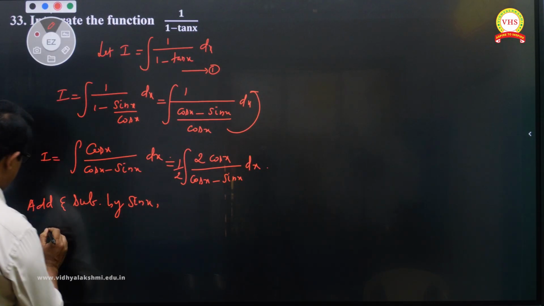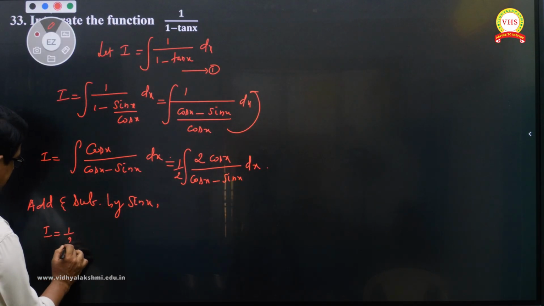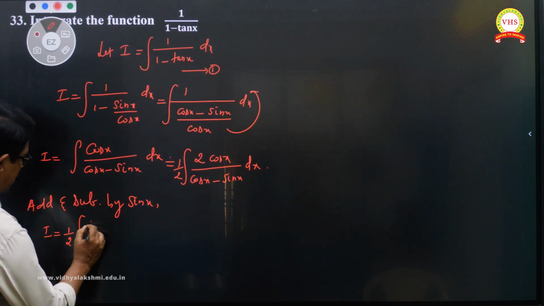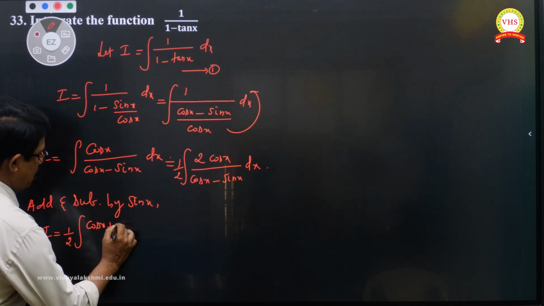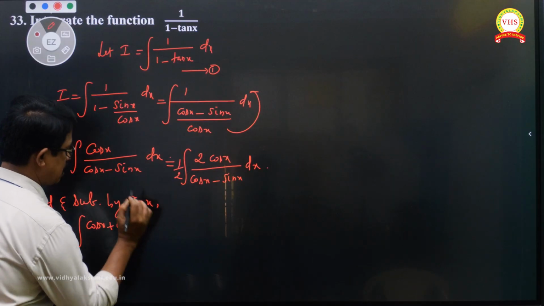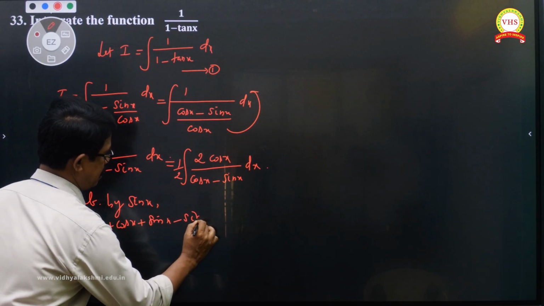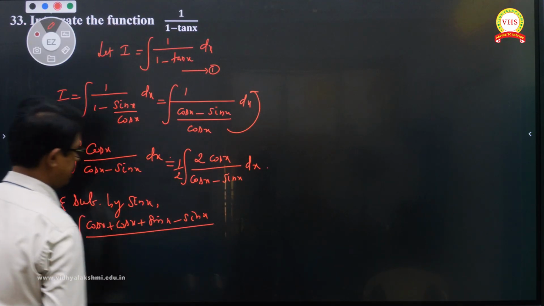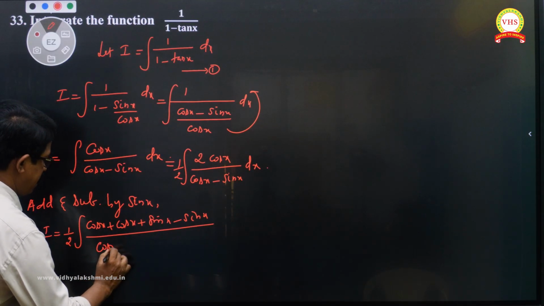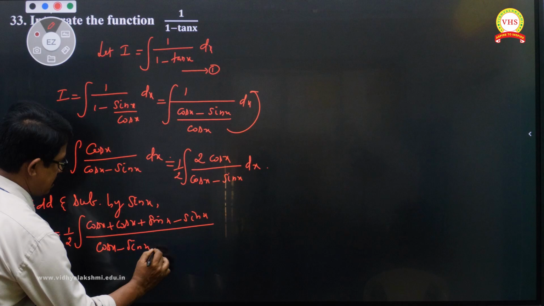That is I equal to 1 by 2 into, I am going to separate cos x plus cos x, because it is 2 cos x, and then adding and subtracting sin x, divided by the denominator cos x minus sin x.